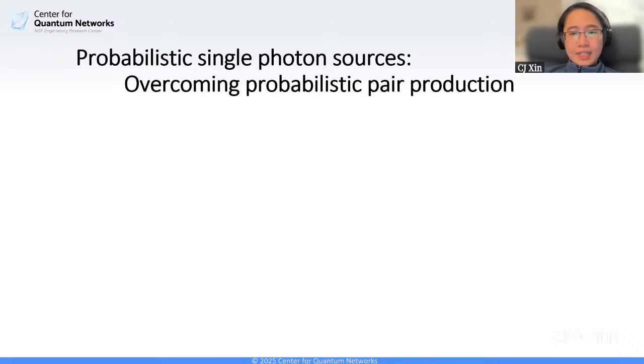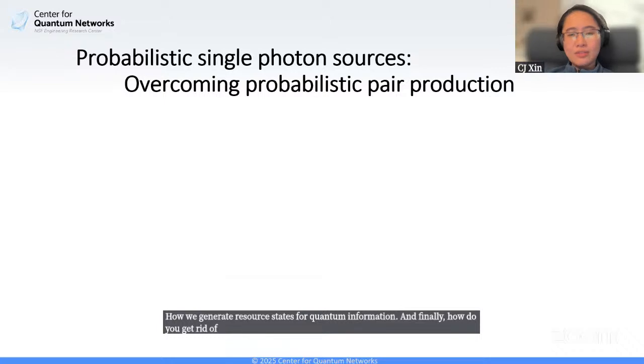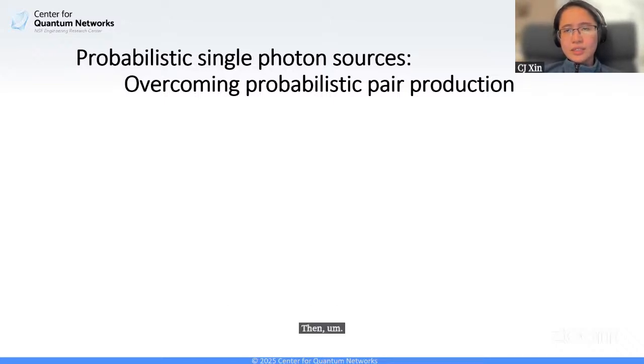And finally, how do we get rid of the probabilistic part of the probabilistic pair production? It seems like in general it's easier to get the wavelengths that we want, and also to fabricate, than these atom-like single photon emitters.